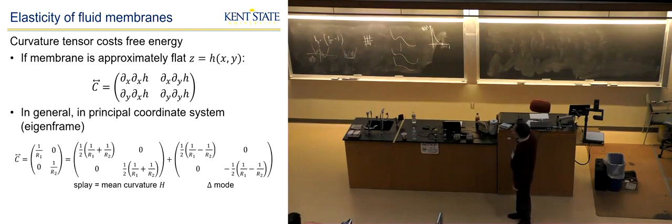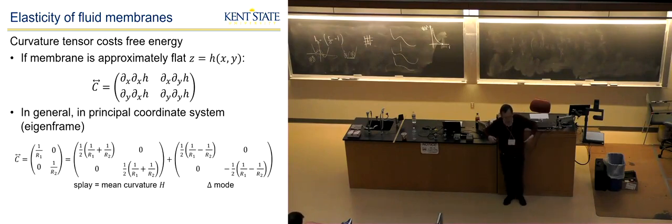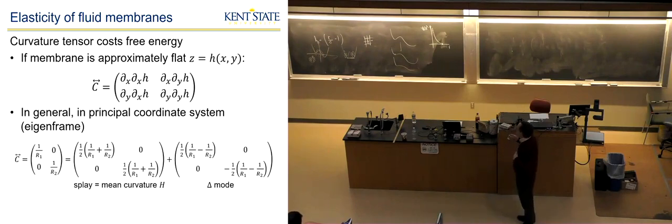In general, you could define a curvature tensor for any shape of the membrane. You're not limited to situations where it's approximately flat. And so the curvature tensor will be some kind of 2 by 2 tensor. In its principal coordinate system, that is its eigenframe, you can choose a coordinate system where it is diagonal.